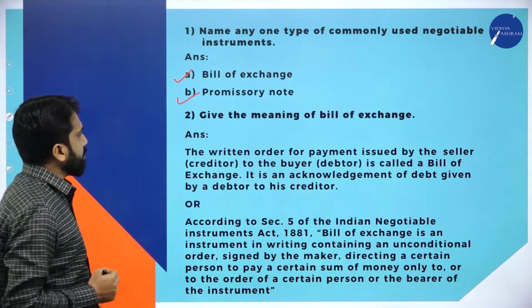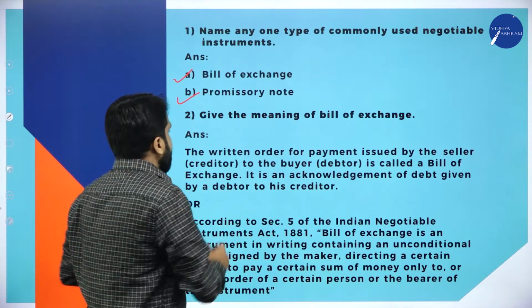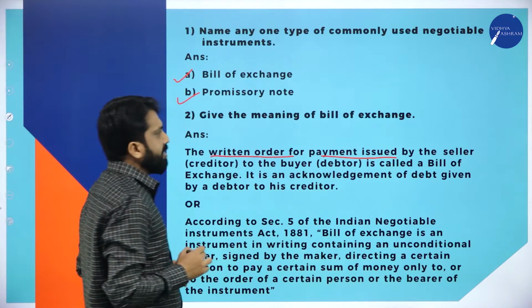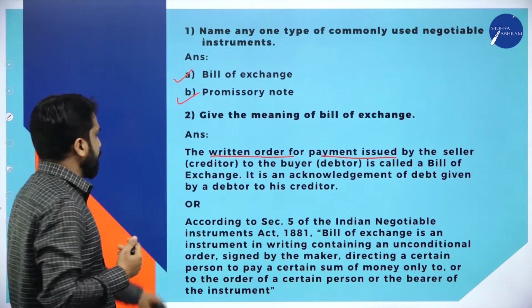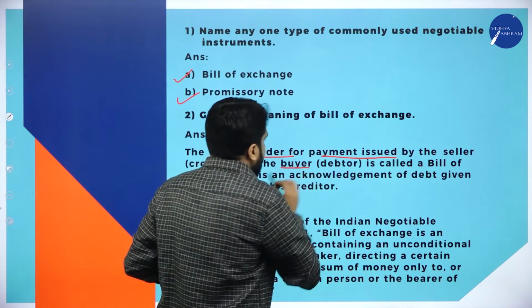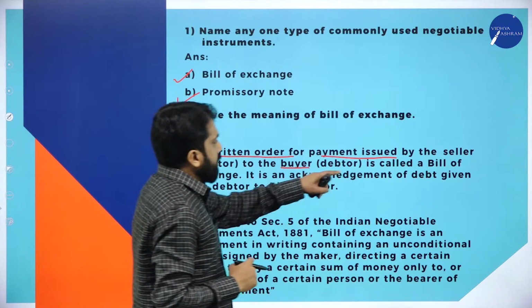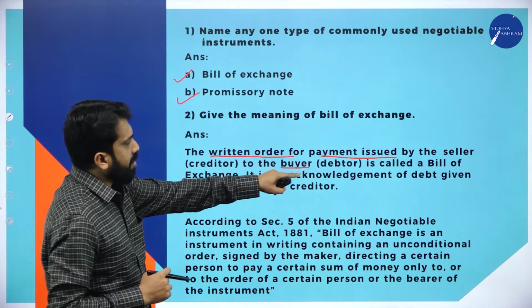Now, second one. Give the meaning of bills of exchange. As I told you, the written order for payment issued by the seller. It is a document or order to the buyer. I told you, B will give to A. Is called bill of exchange. It is an acknowledgement of debt.